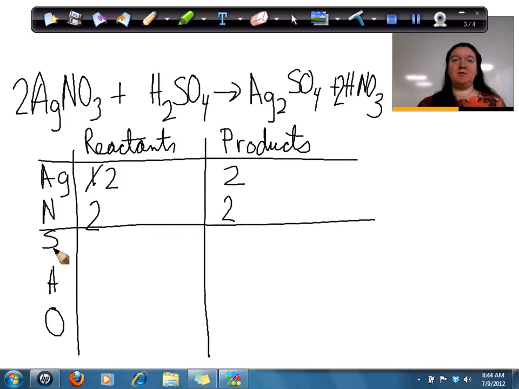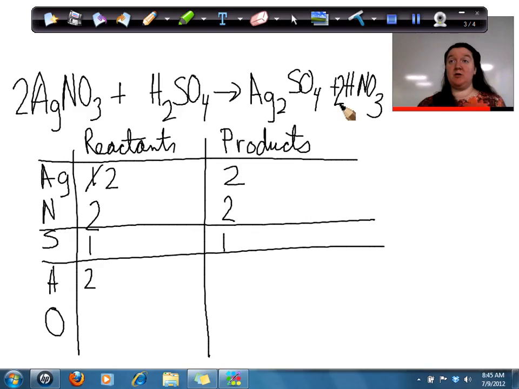Now I want to look at the sulfur. If I look at sulfur on this side, I only have 1. If I look at my sulfur on this side, I have 1. So that's balanced. The next thing you need to look at is the hydrogen. On this side, you have 2 hydrogen atoms, 2 of them right there. And on this side, because we'd already put the coefficient 2 in front of the nitric acid, we also have 2 hydrogen atoms.